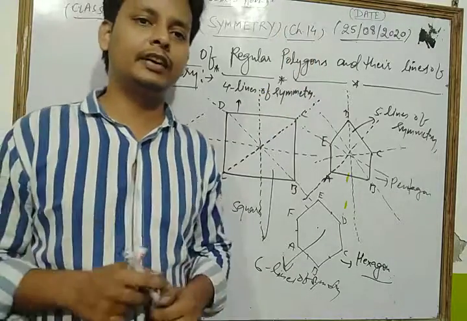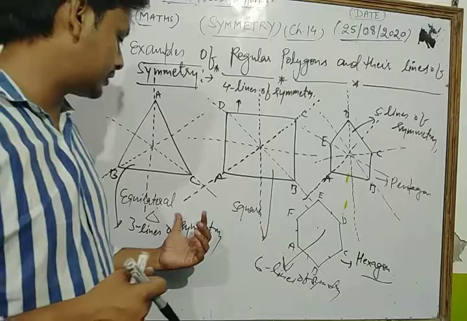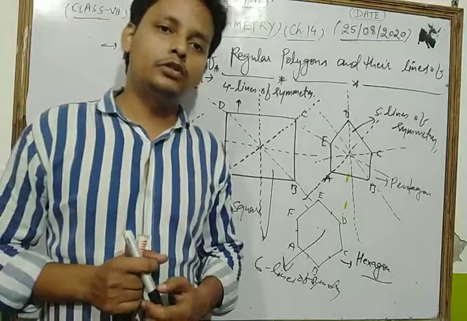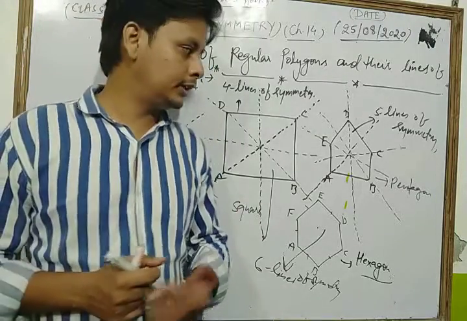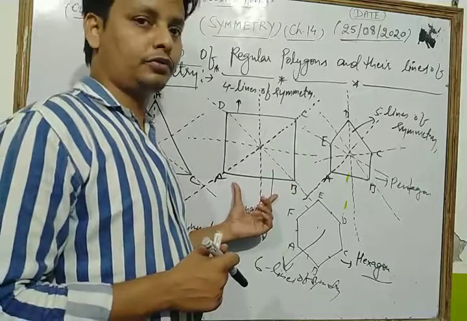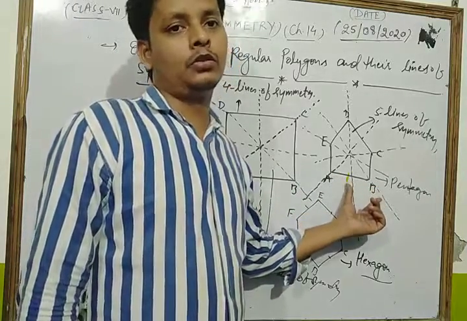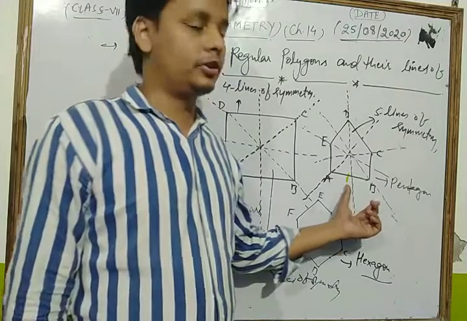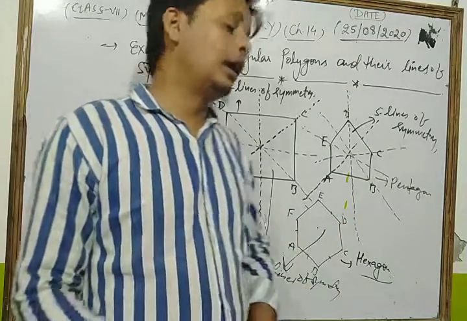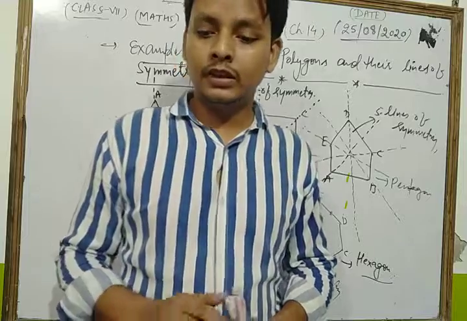So we can say that the equilateral triangle has 3 lines of symmetry, a square has 4 lines of symmetry, a pentagon has 5 lines of symmetry, and a hexagon has 6 lines of symmetry.